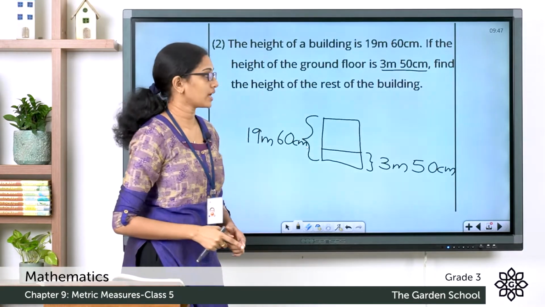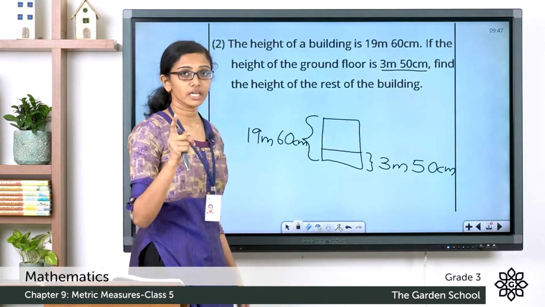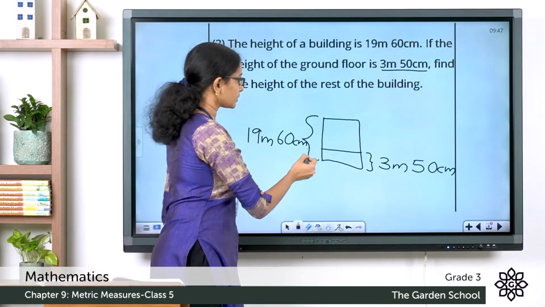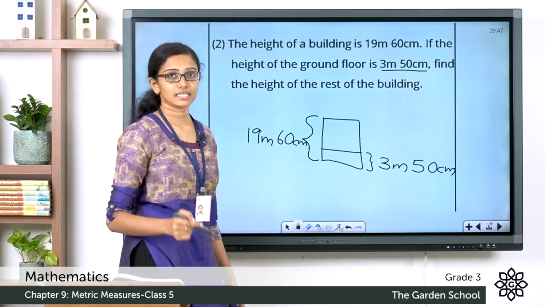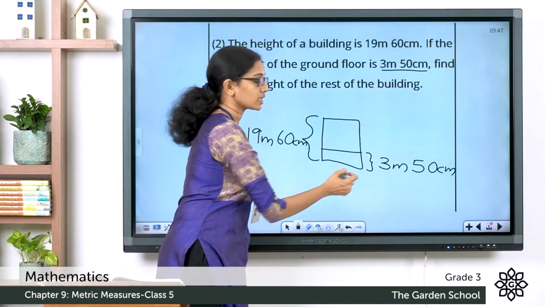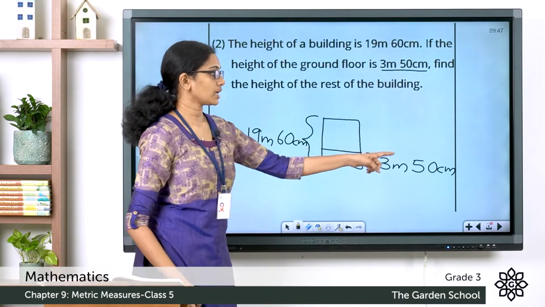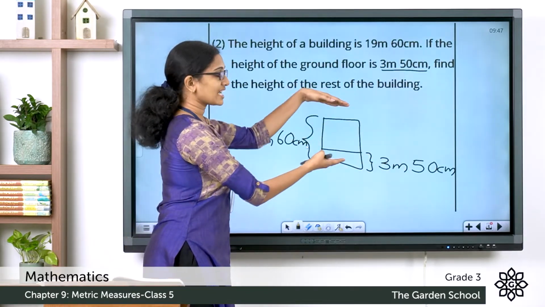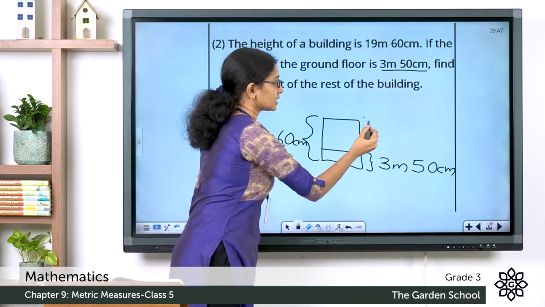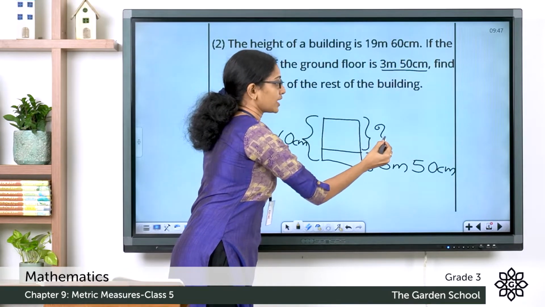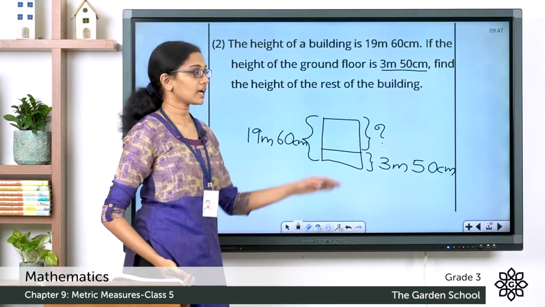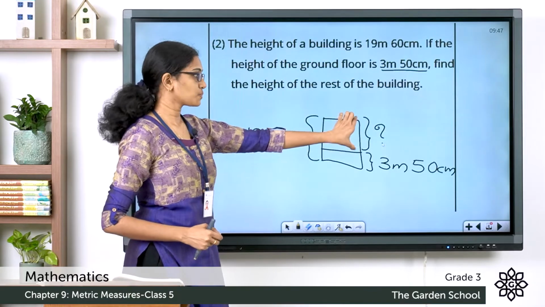We are asked to find out what is the height of the rest of the building. So the whole thing is 19 meter 60 centimeter and the height of the ground floor alone is 3 meter 50 centimeter. The rest of the height of the building is this part. We have to find out the height of this part of the building.